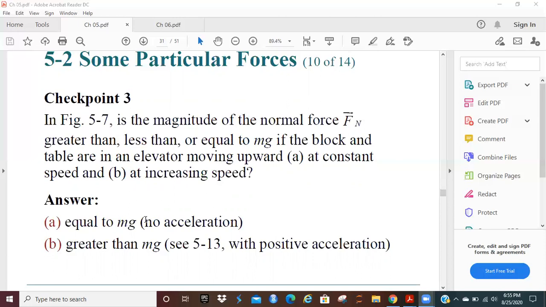So is the table having to push harder to keep the block from moving, or is it having to push less? Or maybe it's not having to change anything at all. So if I'm in an elevator and I put a block on a table and the elevator starts moving upward, is that table having to apply more force to keep the block where it is, or is it having to apply less force?